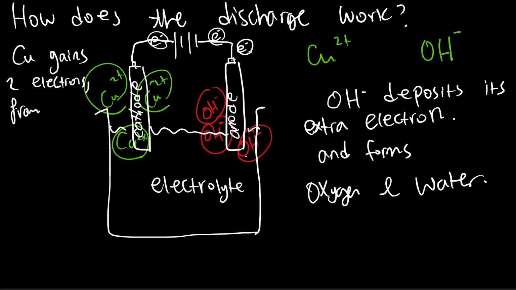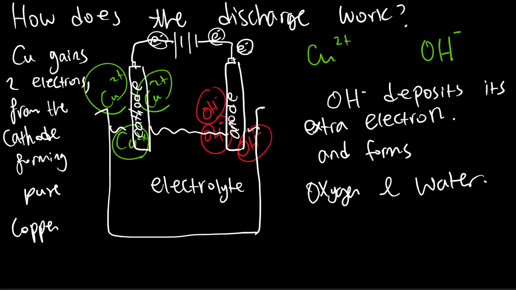So the hydroxide deposits its electron at the anode, and copper gains 2 electrons from the cathode, forming pure copper. Remember, the whole point of this electrolysis is to get pure copper and get rid of all the impurities, things you don't need.